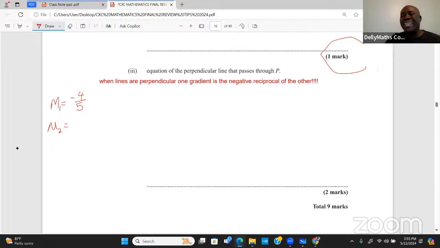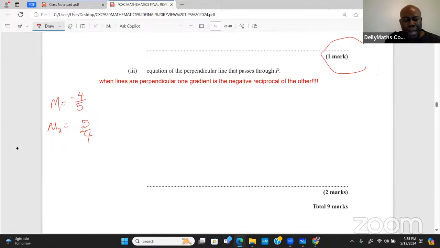Negative means to change the sign. We're not saying it will end up being negative. No, we're saying it's going to be the opposite of what it was. So let us invert this. The new gradient will be 5 over 4, and it will be a positive one. But you know that we don't write plus in front of numbers. So you flip it upside down and you change the sign for the second gradient.